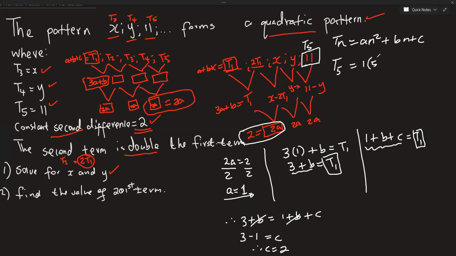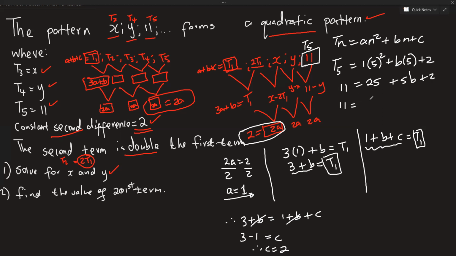Then the n is 5, because it's the position there. Plus, I don't know what b is, so I'll say b5, and then the n is 5, so I'm going to multiply by 5 there, then plus 2, right? But we know that term 5 is 11, so I'm going to replace term 5 by 11, equals 1 times 5 squared gives us 25, plus b times 5 is 5b, plus 2.